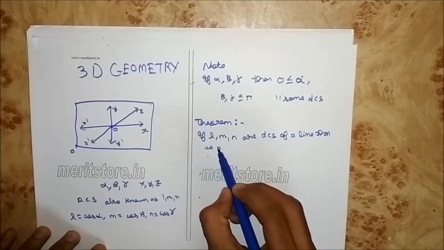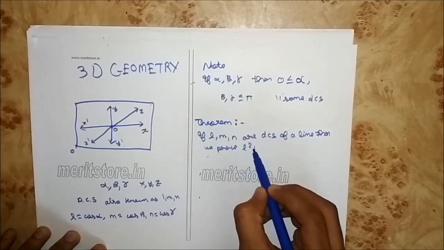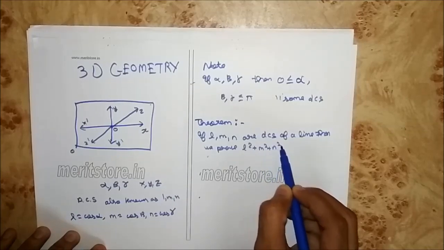Then we have to prove l square plus m square plus n square is equal to 1.